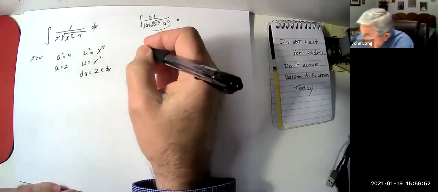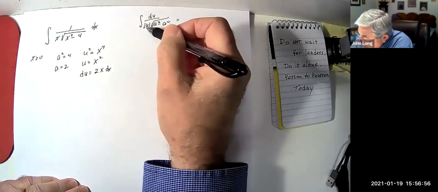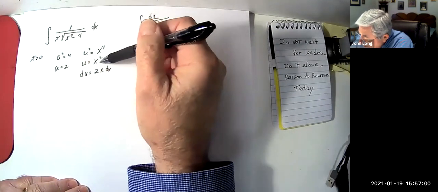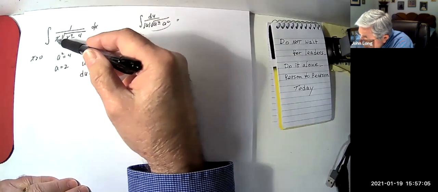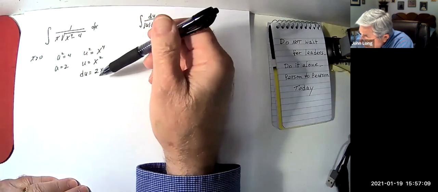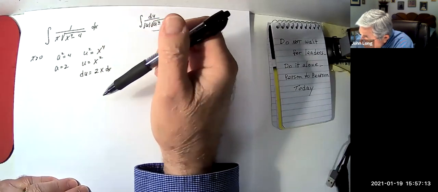Now, you see, there's something going wrong here. We got to have absolute value of u out front, but u is x squared. And all we have is an x. How are we going to get an x squared there? But what comes to the rescue is we need an x in the numerator also.